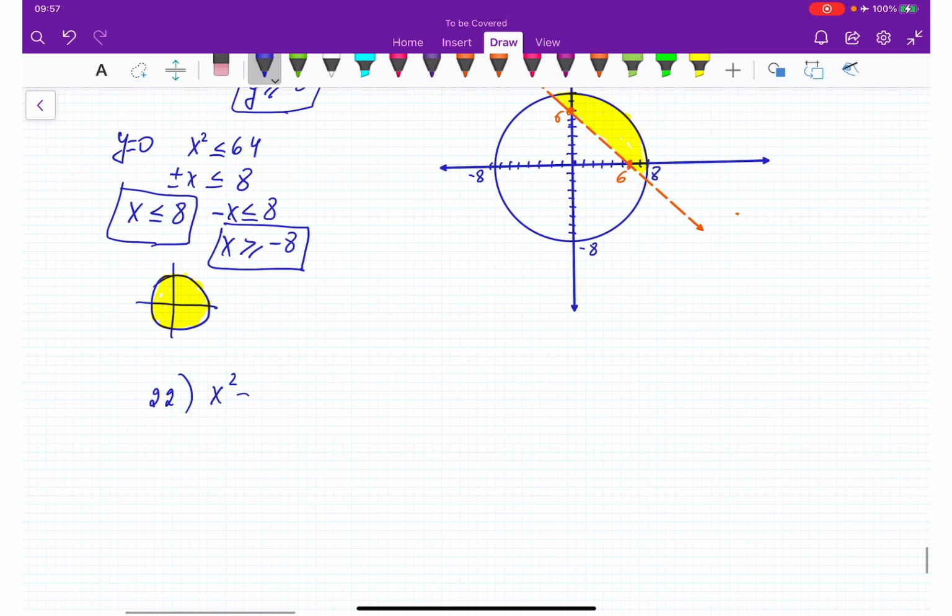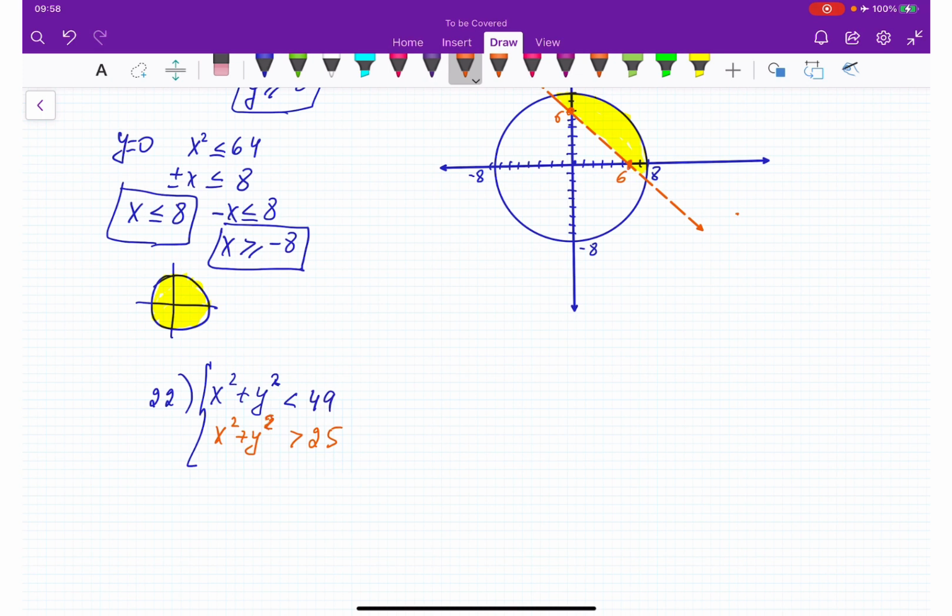X squared plus y squared less than 49, and x squared plus y squared greater than 25. Wow, very interesting. Look here. Remember what I said? We have the same x squared plus y squared. It's identical, right? The only difference is less than 49 and greater than 25.